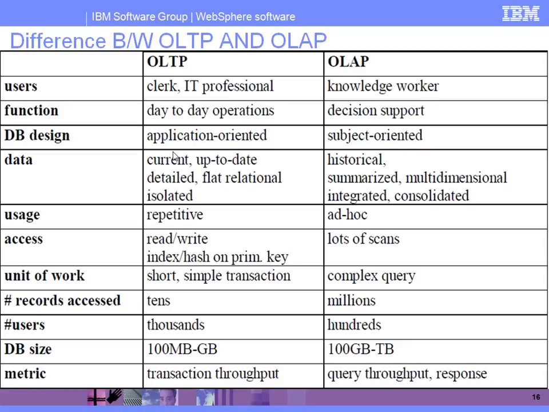And access wise, what type of access are we going to have? We are going to have read and write access. And we are going to apply indexing and hashing partition on OLTP data.